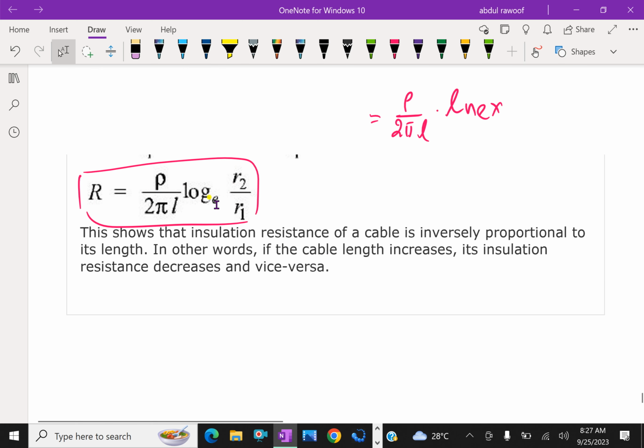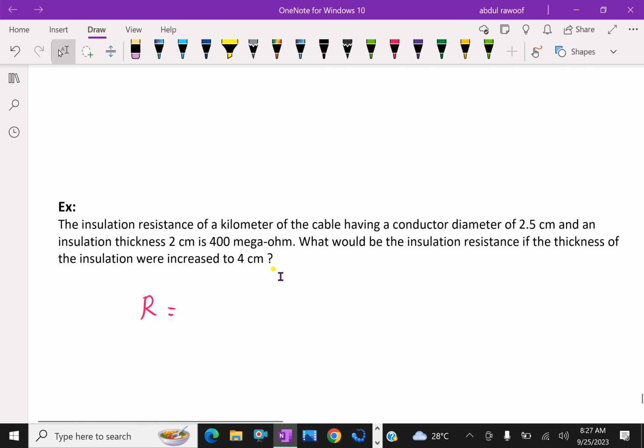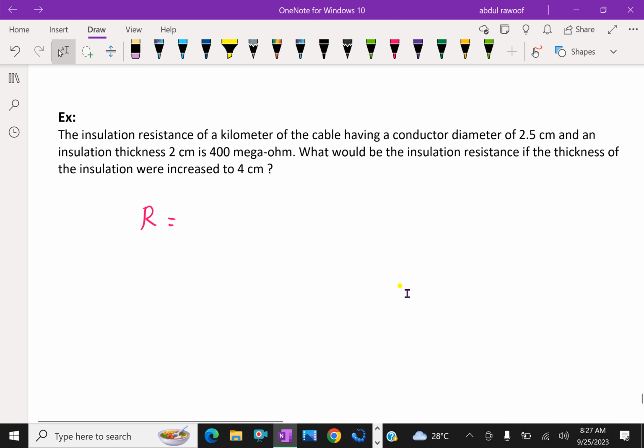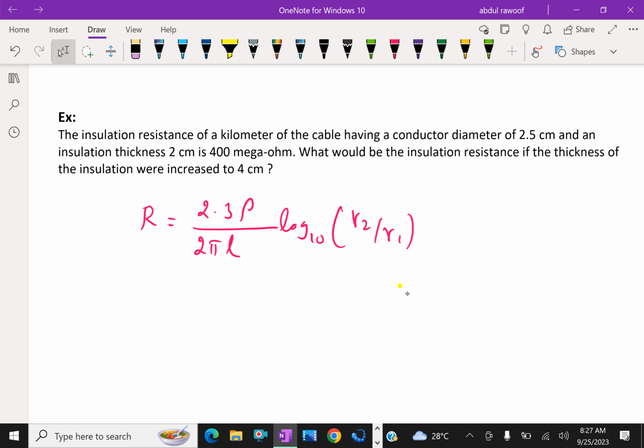Log e is considered as 2.3 times log base 10, so the formula is R equals 2.3 rho over 2 pi L log base 10 of R2 by R1.